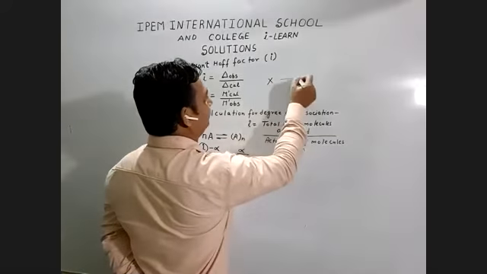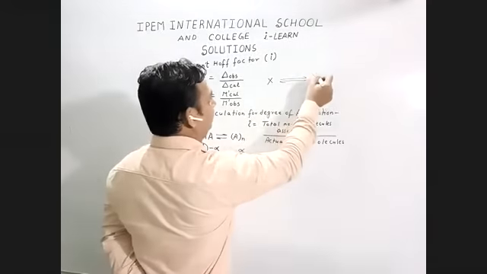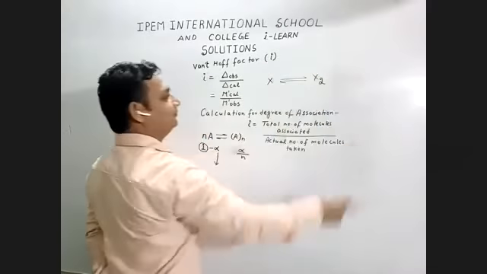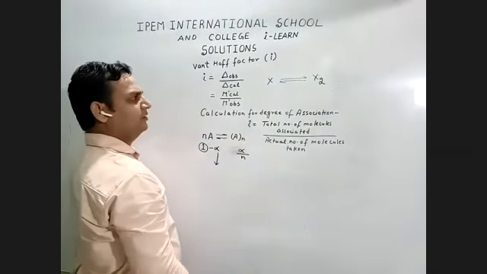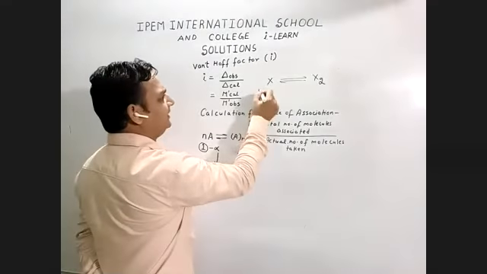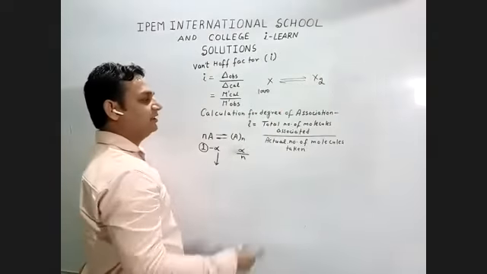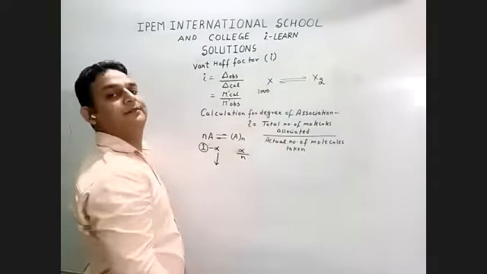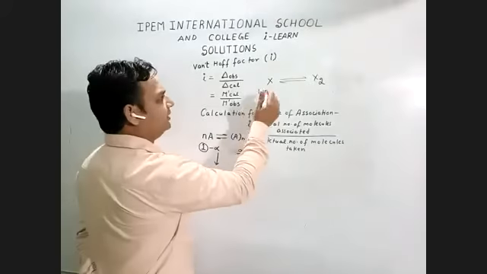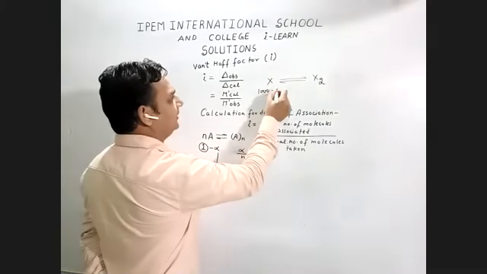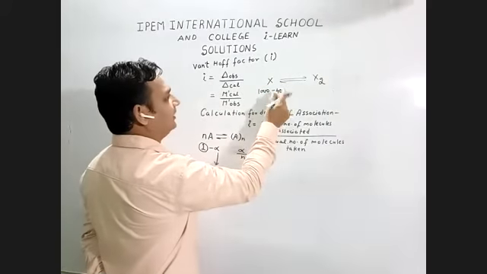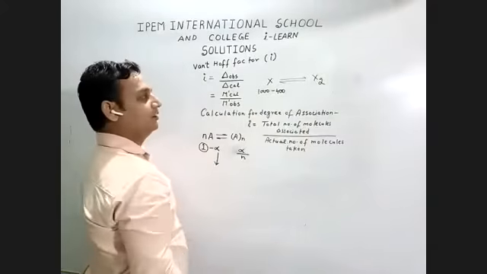Take a compound X, make it X2. You have taken 1000 entities of X, which is the actual number of molecules, out of which, say, 400 go for association.